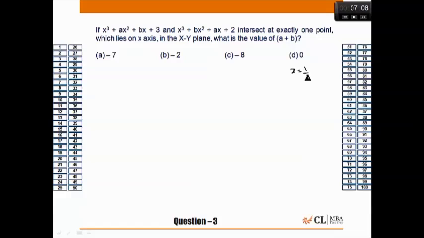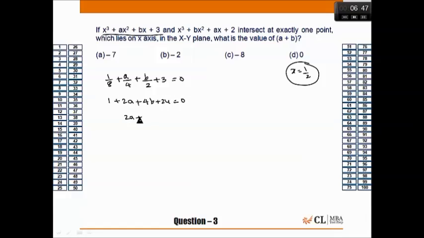So x equal to half, that is okay. If I apply this, it should be equal to 0. 1 by 8 plus a by 4 plus b by 2 plus 3 must be equal to 0. Multiplying by 8, 1 plus 2a plus 4b plus 24 equals 0, so 2a plus 4b should be equal to minus 25.